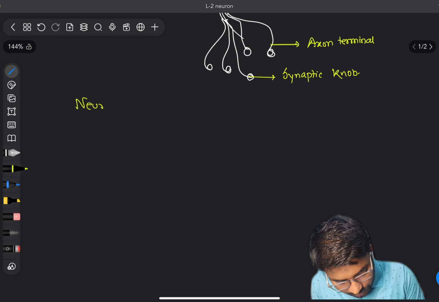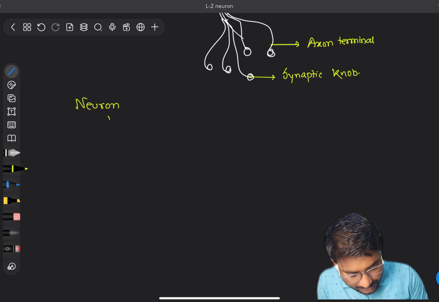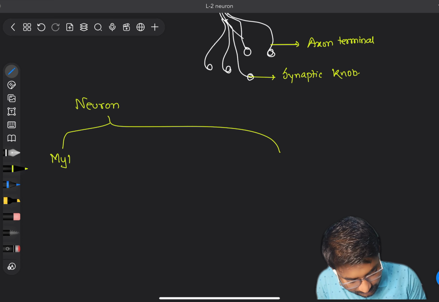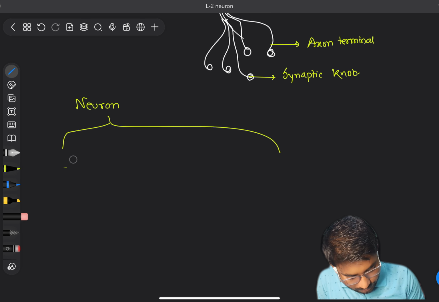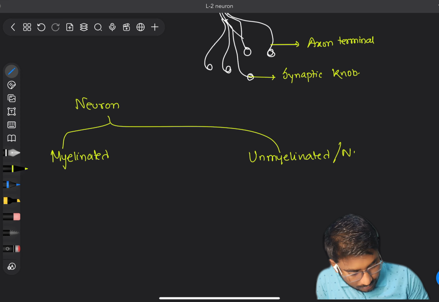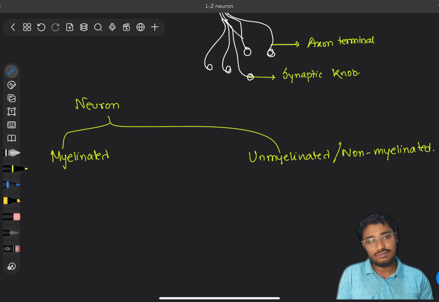It can be classified into two parts: myelinated and unmyelinated, or non-myelinated. Both are the same.